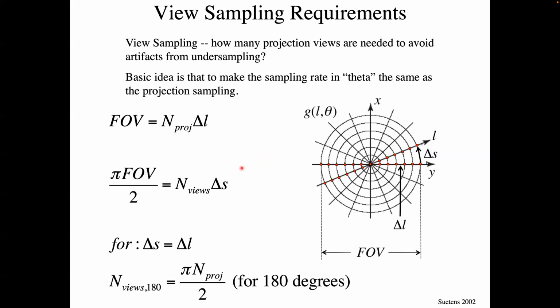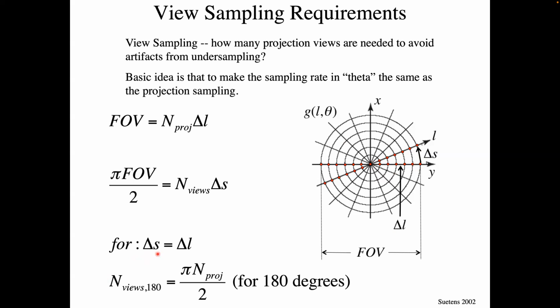And so you can just compute the number of views required, under the assumption that they're evenly distributed, to determine when delta L and delta S are equal, and that gives you the field of view that will be inside the Nyquist criterion for the entire picture, right?